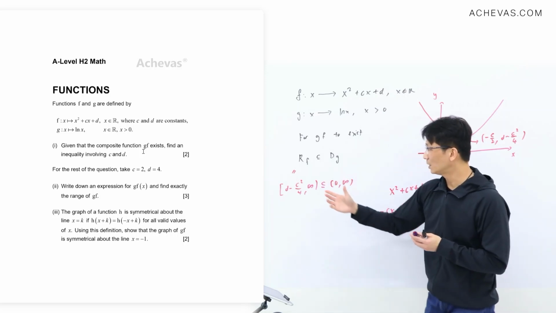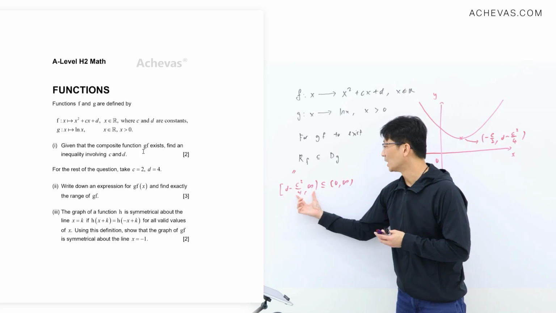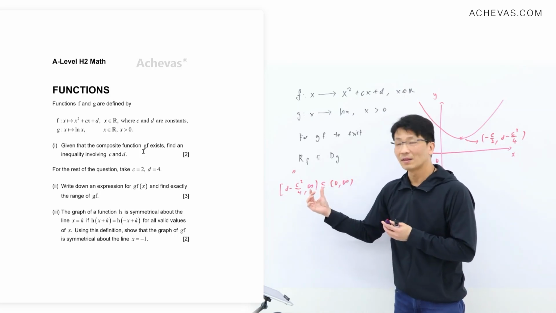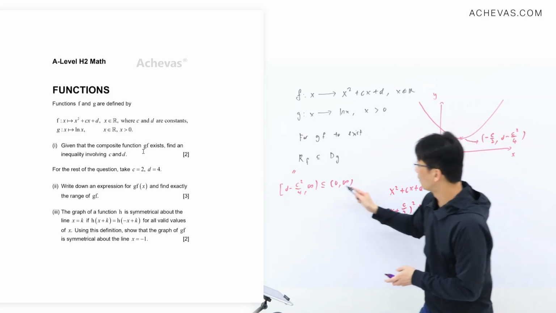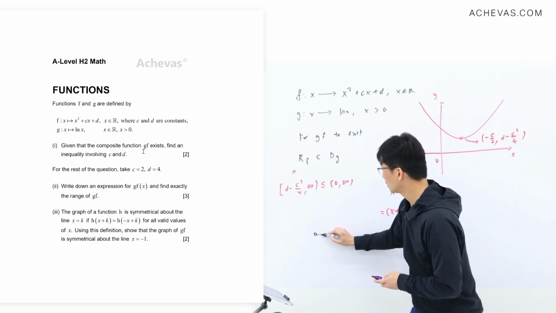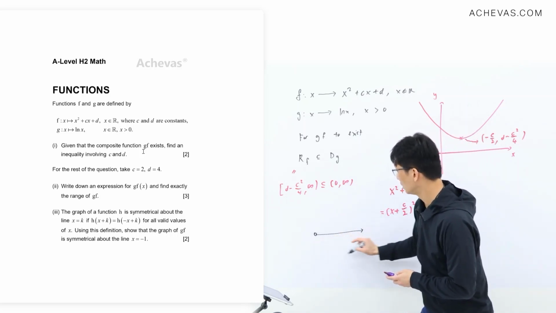In order for this range to be a subset of this, this region must be fitted into 0 to infinity. Let me draw a simple number line, 0 to infinity.